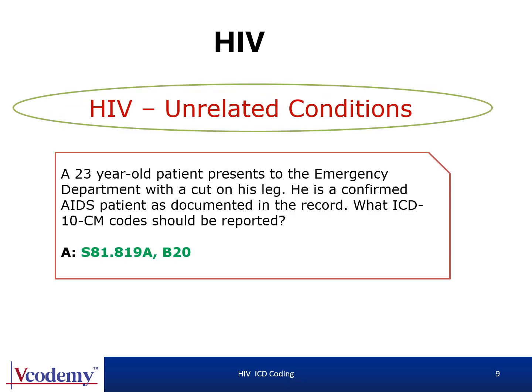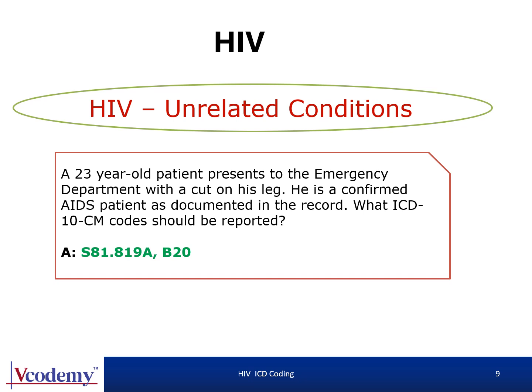Coming to HIV unrelated conditions, this can be like a trauma, like an accident, a burn injury, and also pregnancy, which is unrelated to HIV, etc. Example, a 23-year-old patient presents to the emergency department with a cut on his leg. He is a confirmed AIDS patient as documented in the record.